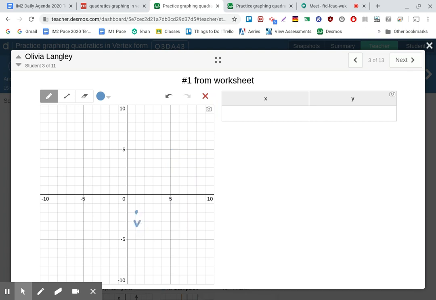Now remember, in quadratics, the steps are not the same size. They start off at a 1, and then they get taller, and then they get even taller than that.